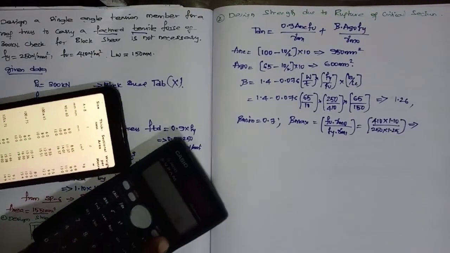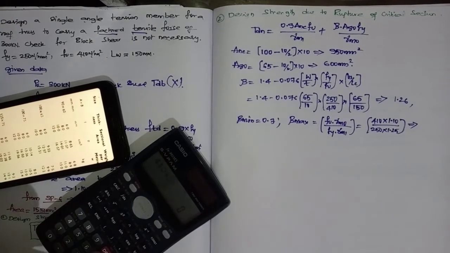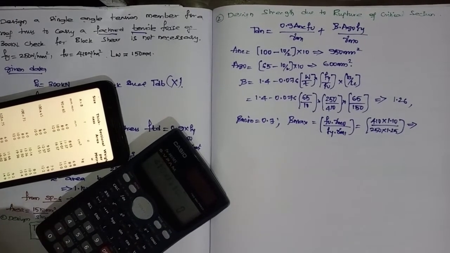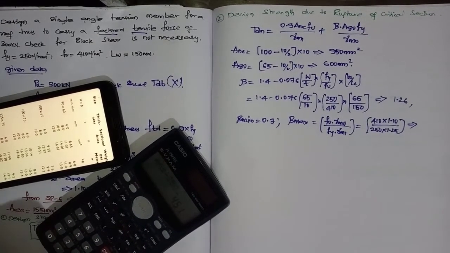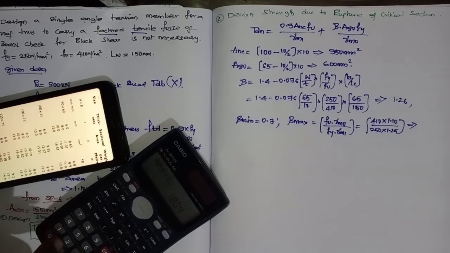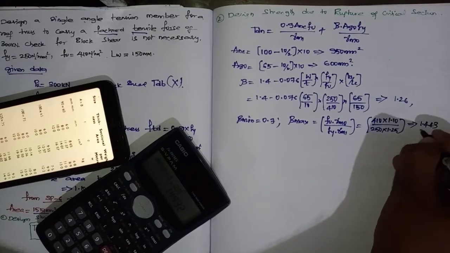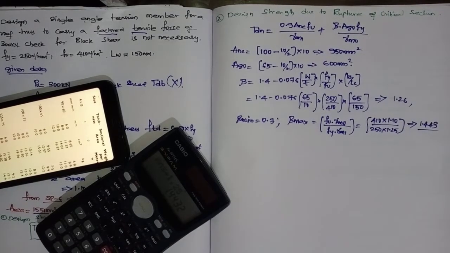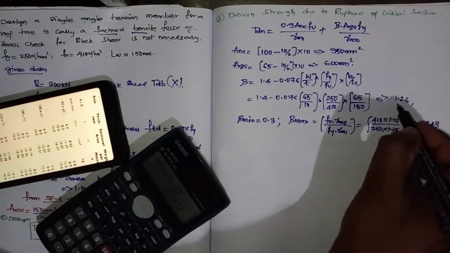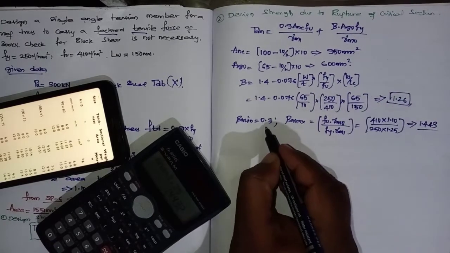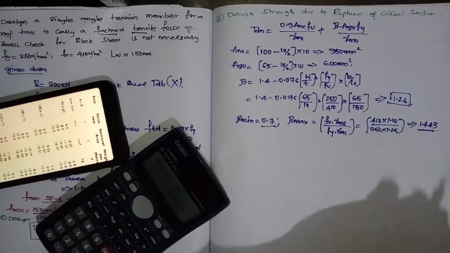So 410 into 1.25 divided by 250 into 1.10, so I am getting 1.443. We got 1.26, which is greater than 0.7 and less than 1.44, right?